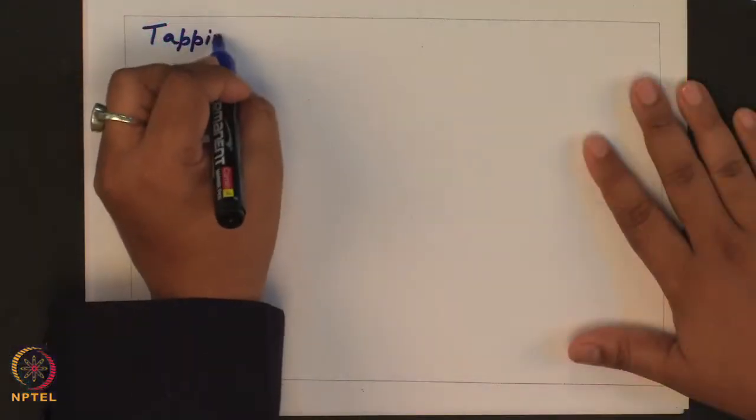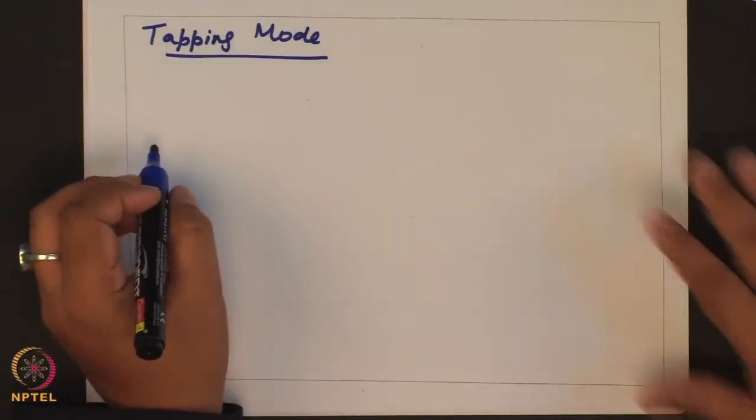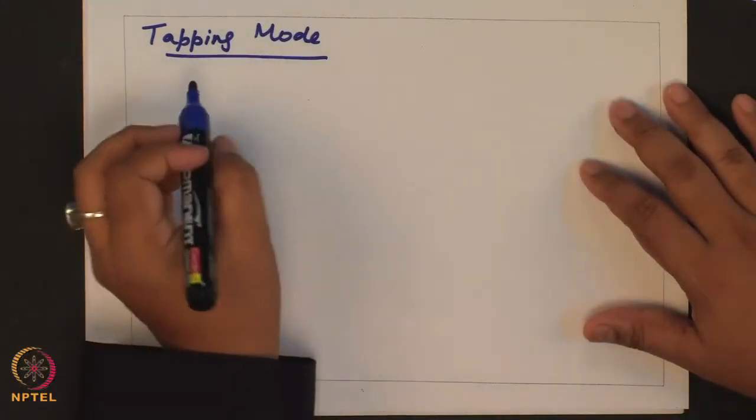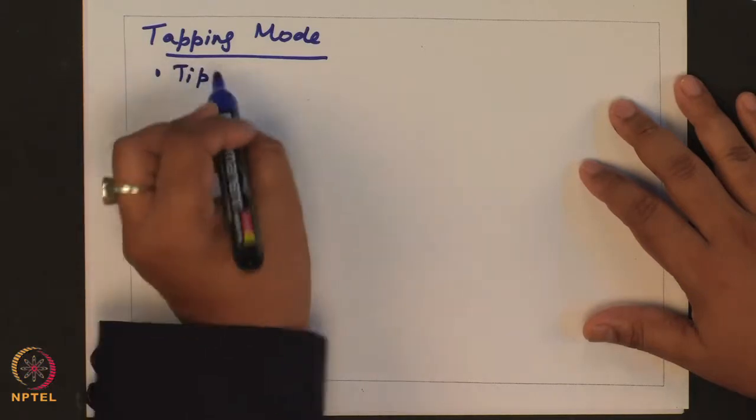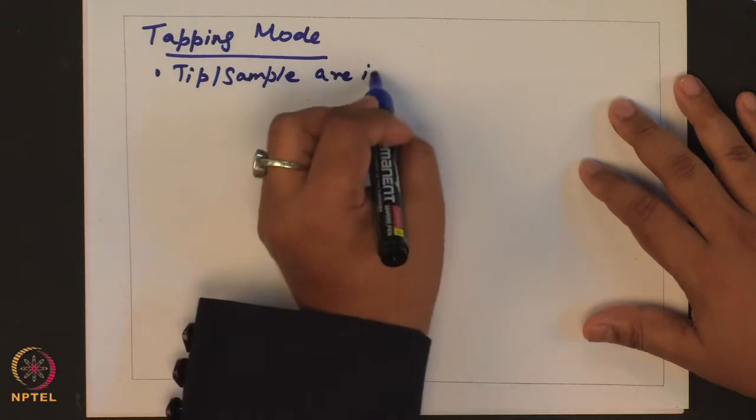Okay. But this kind of imaging is not good for samples which are soft or very loosely attached. So, there is an alternate mode of operation, which is called the tapping mode. In tapping mode, the tip and sample are in intermittent contact.